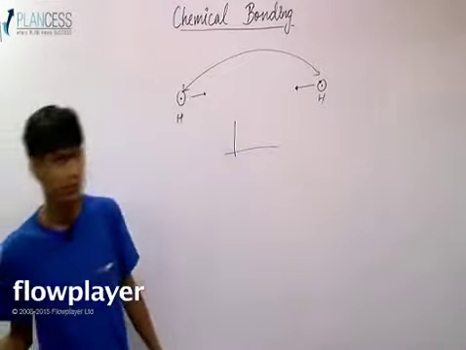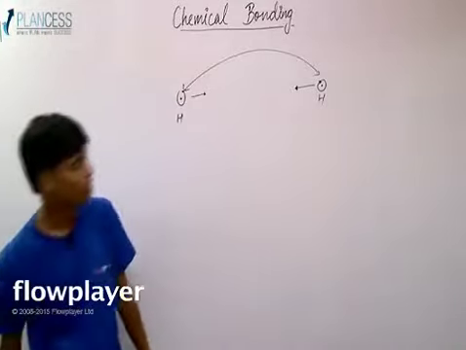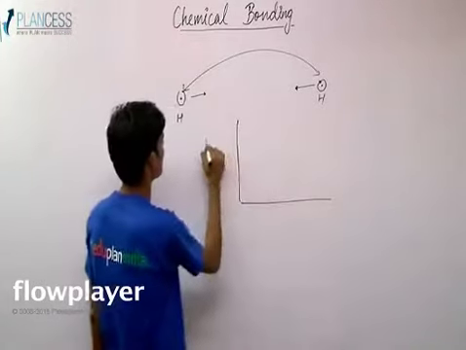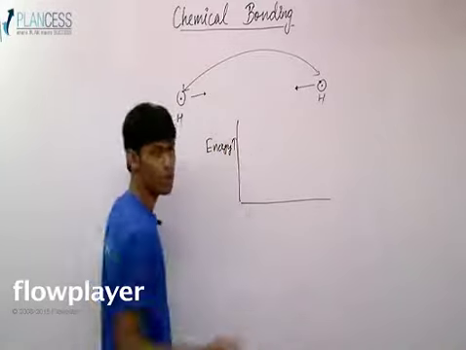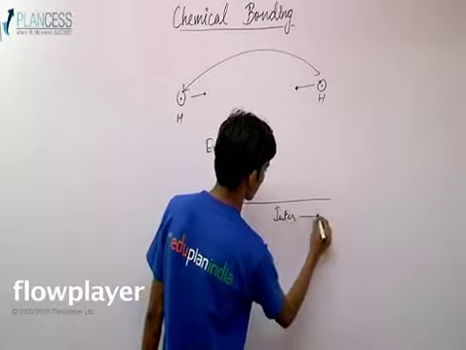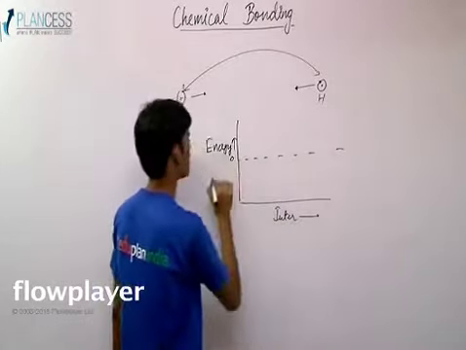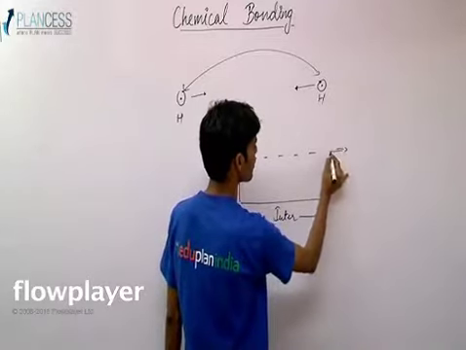So a graph can be plotted between the energy of the molecule and the internuclear distance. Let's say this is energy, and this is the internuclear distance, and this is the line for 0. At infinite distance, the energy tends to 0.